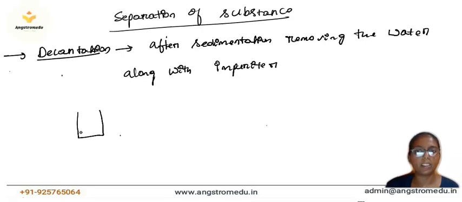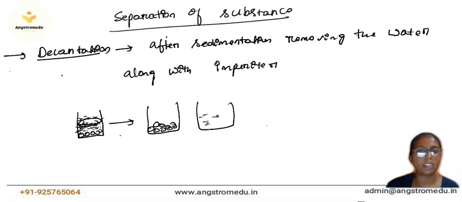So this is the beaker and these are the grain particles and here the water surrounds it. This is the water and on the top the dust particles are present. So if we remove the water from this, the dust particles also come out. So like this, at the bottom the grain particles will settle down, and in another beaker the mixture, that is water plus dust particles, comes out. So this is the dust particle.